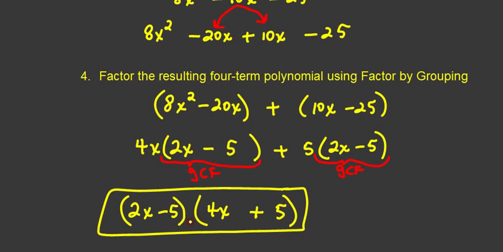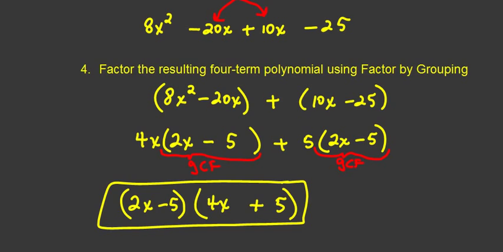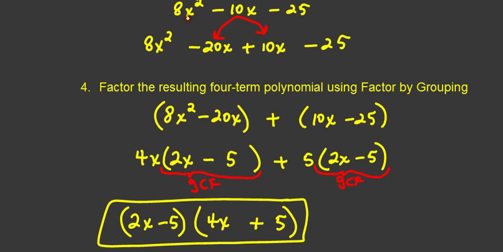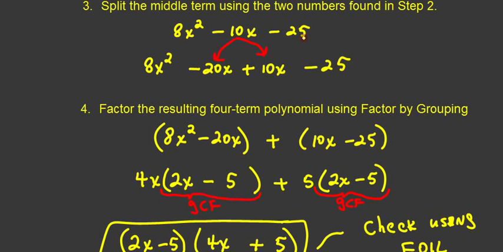And that's the correct factorization of the original polynomial, 8x squared minus 10x minus 25. And of course, you can always check your answer using the FOIL method. And you'll confirm that if you FOIL 2x minus 5 times 4x plus 5, you get back to the original trinomial.